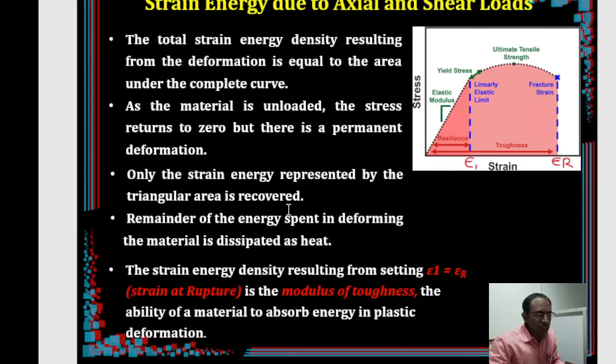The next one is the total strain energy, the total strain energy density that was stored in the body resulting from the deformation. If you want to calculate that, you can find the entire area of this diagram, because we just told that strain energy density is nothing but the multiplication of stress and strain.